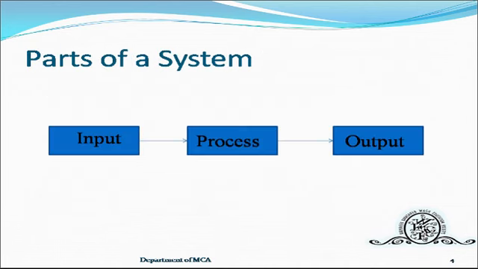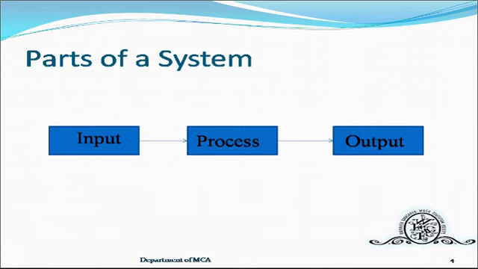Now our next topic is parts of a system. Here we should note that system is not a randomly arranged set, whereas it is arranged with some particular logic, which has some rules, regulations, principles and policies.